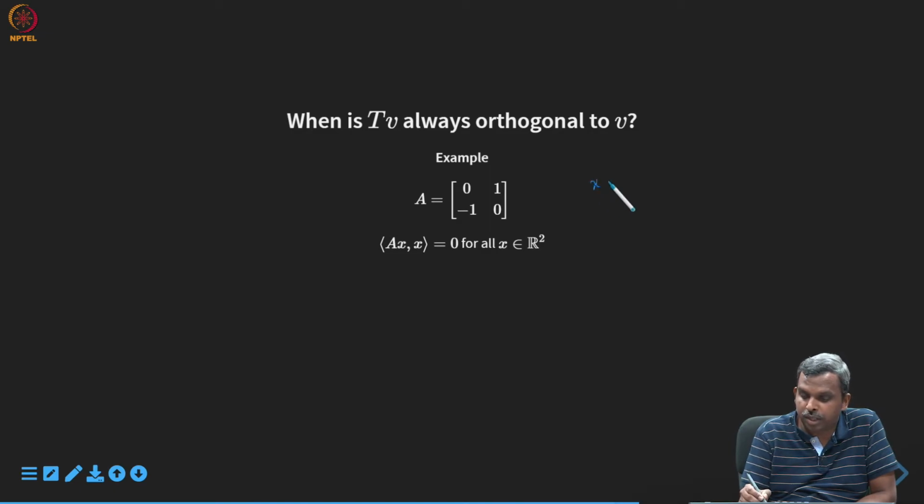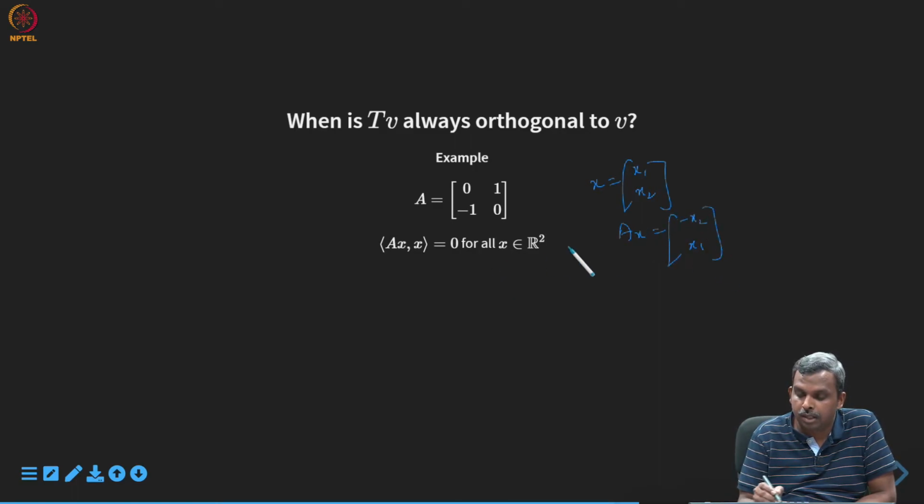If you take x = (x1, x2), Ax becomes (x2, -x1), and then if you do ⟨Ax, x⟩, you simply get x1x2 minus x2x1, and that is 0. This is what will happen if you have real. x being real is important.